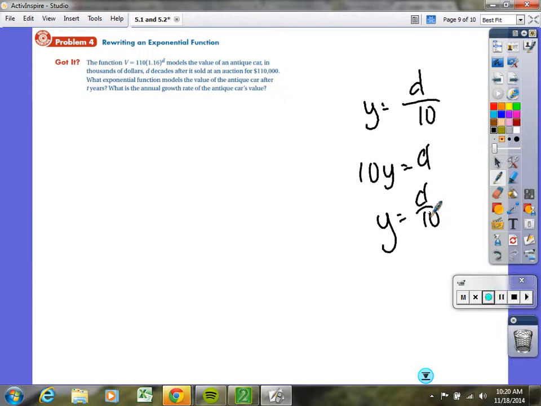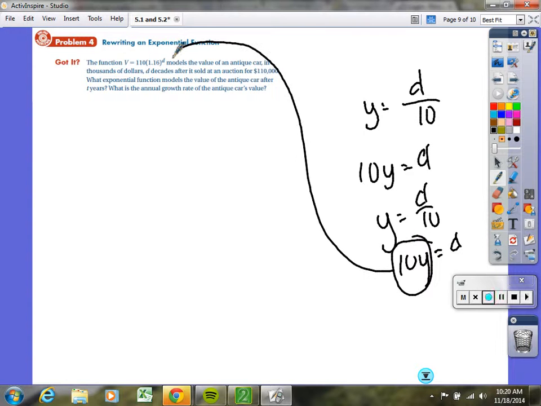Okay? Yes, no? Now what if I just want to have a y, not a y up here, but t for time? Because I don't want to put d over 10 in here. I want to just have a y. So if it's 10y equals d, I can substitute that in just like this, right?